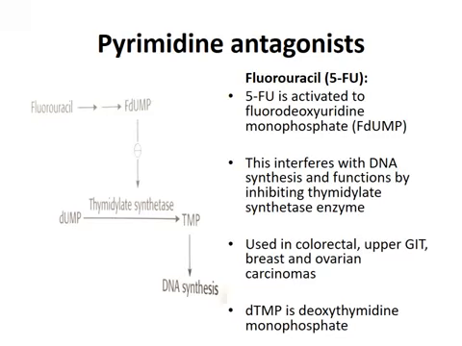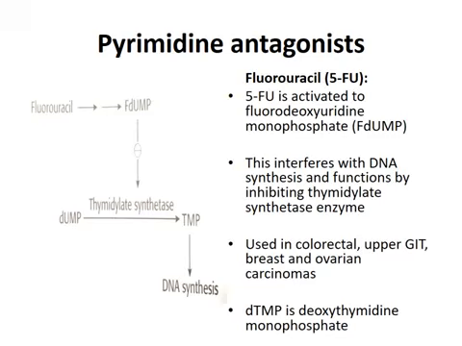Pyrimidine antagonist, 5-fluorouracil. It is converted to FdUMP, that is fluorodeoxyuridine monophosphate. Now this interferes with DNA synthesis by inhibiting the enzyme thymidylate synthetase.